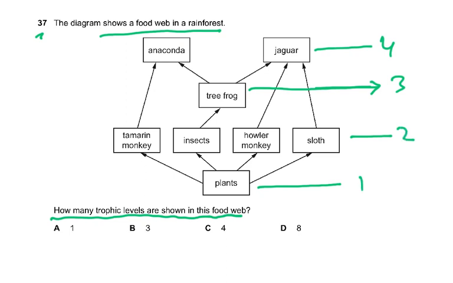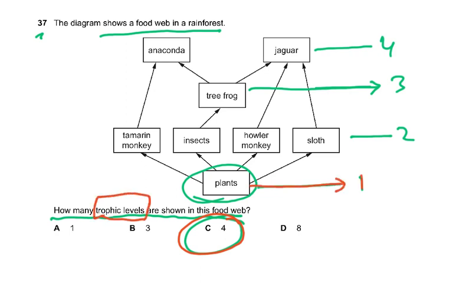Plants, the producers, are the first trophic level, the feeding levels. So that's why the answer is C, 4 feeding levels. Trophic levels are feeding levels. Producers are the first trophic level. This is how we get things wrong. So 1, 2, and this tree frog is 3, and then this is 4. So 4 trophic levels.